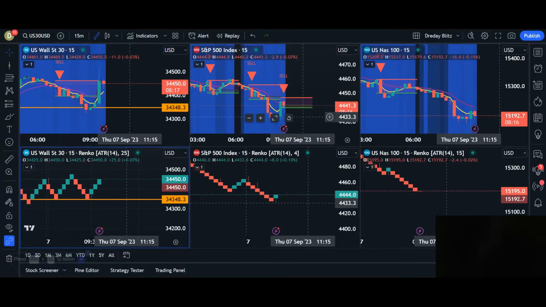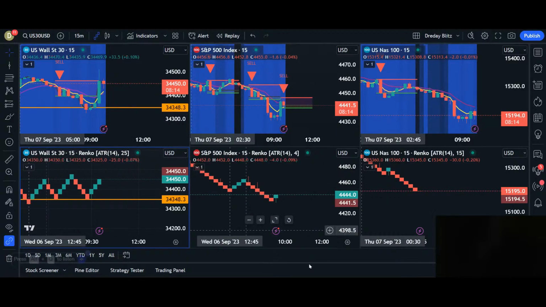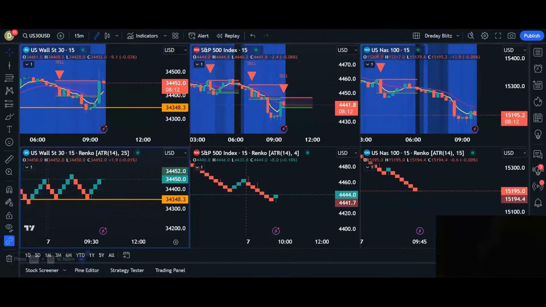But usually I do not trade before market open. The reason is that there's less volume before market open. But if you're a seasoned trader, you could trade whenever you want, at the best time for you. I usually capitalize on the market movement at the start of the session.